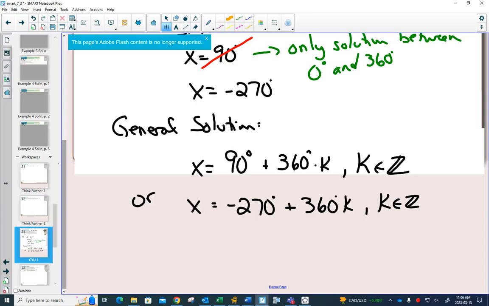But since 90 and negative 270 are coterminal, it actually doesn't matter which one you use as your starting one. You can start with any angle as your starting point, as long as you add 360 and get all the coterminal ones. Me personally, I like to use the ones in the first time around. But it's possible, and if your answer is different than what's in the answer key to the textbook, that would be the reason why.